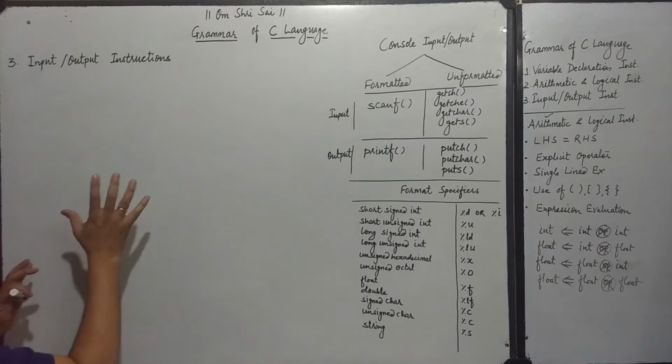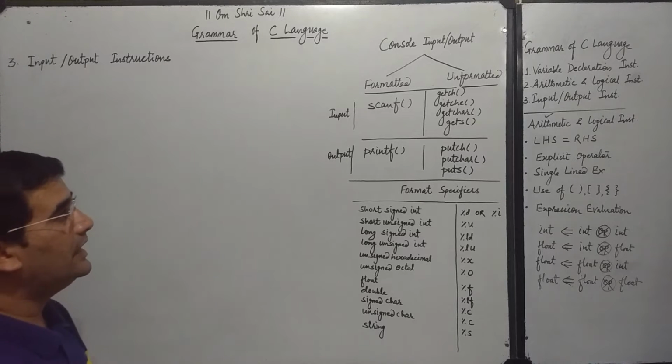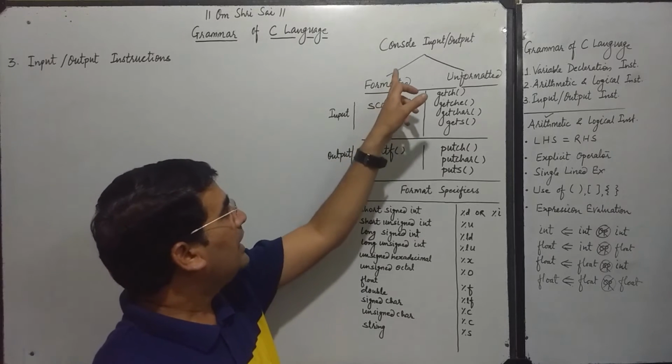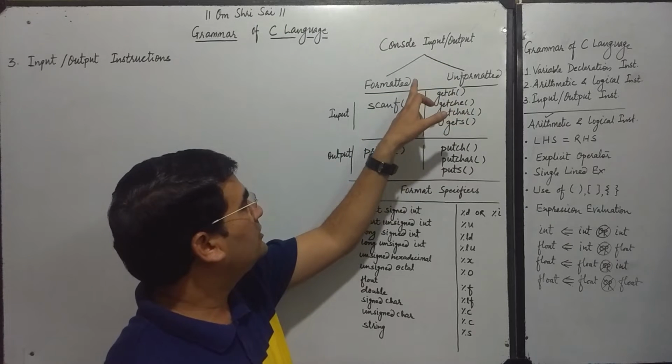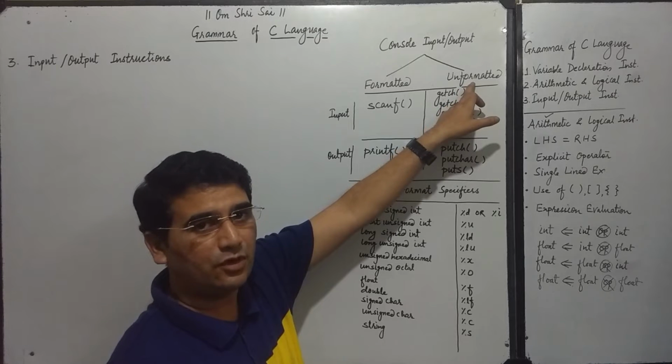And there must be some mechanism to display the output on the user screen, and that can be achieved using the output. So in C, the console input output, there are two types of functions. One is formatted input output function, another is unformatted input output function.